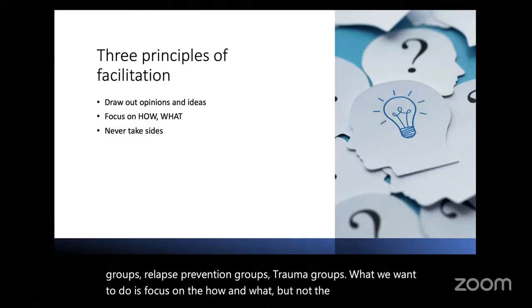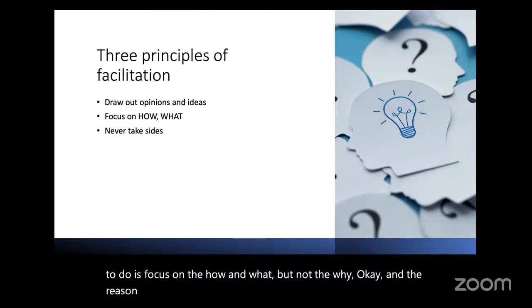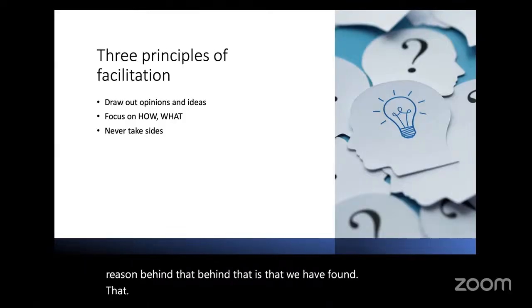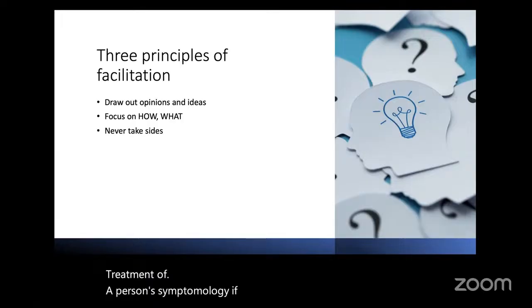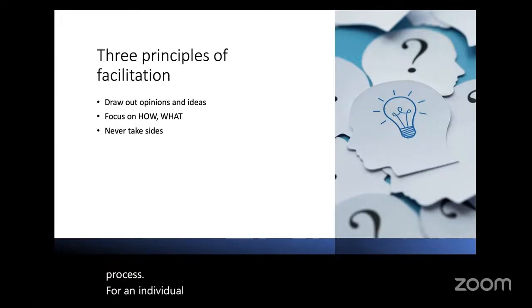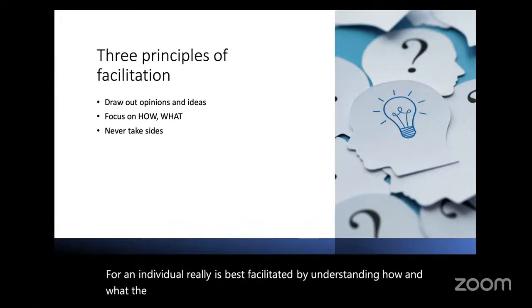Okay. And the reason behind that is that we have found that treatment of a person's symptomology, if we want to do that, or the healing process for an individual, really is best facilitated by understanding how and what the person is experiencing here and now.